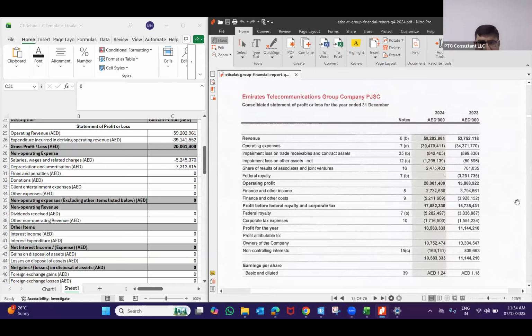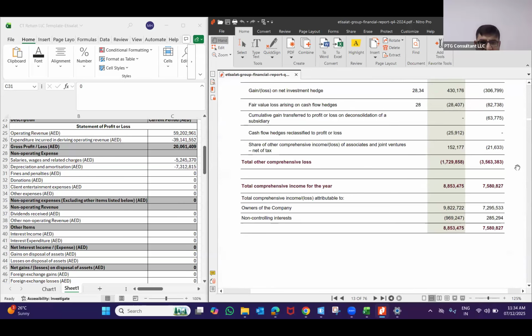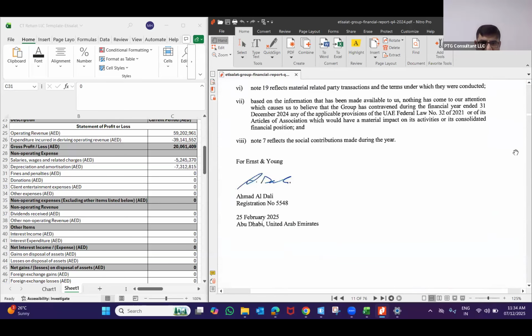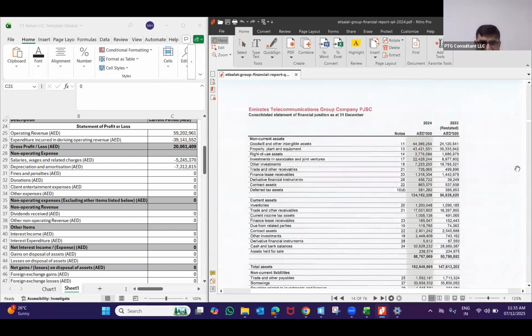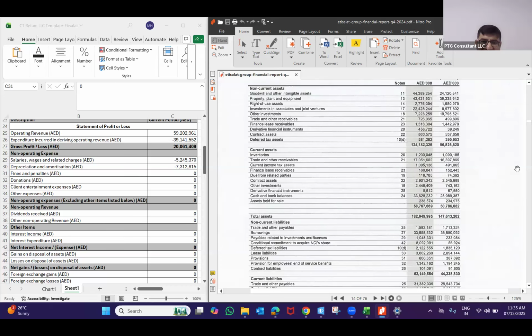Okay. Now if you go to the balance sheet, is depreciation coming from the P&L or from the balance sheet? Depreciation coming from the profit and loss, and the balance sheet, from the balance sheet also.